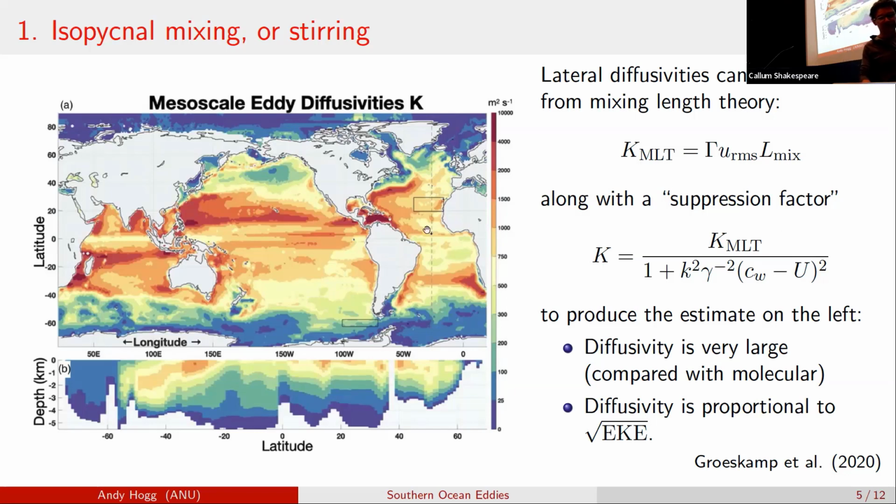What you're seeing on the left is the mesoscale eddy diffusivity at the surface, and this is a transect through the Atlantic Ocean on this really thin dashed grey line, showing the vertical structure of the mesoscale eddy diffusivity. And you can see here that, firstly, the absolute value of these is quite often up to 1,000 metres squared per second. And 1,000 metres squared per second, I mean, what's that, 10 to the 9 times molecular? So it's pretty massive, whatever this isopycnal stirring is doing.